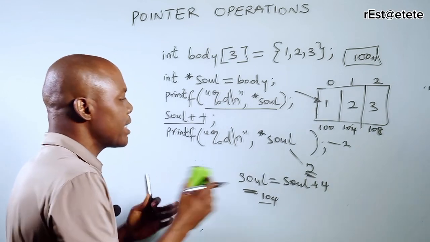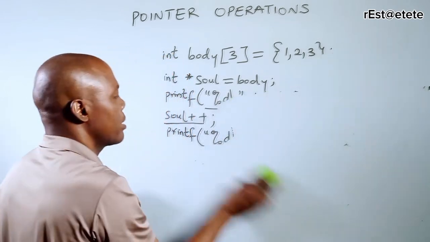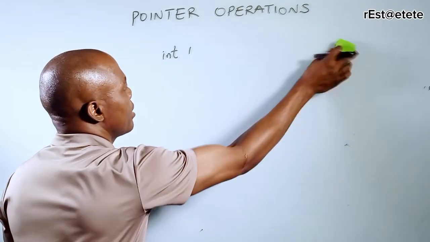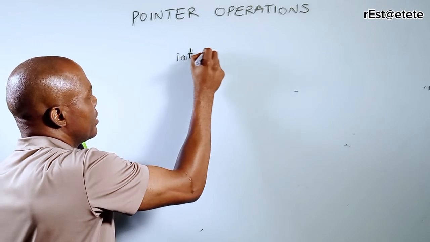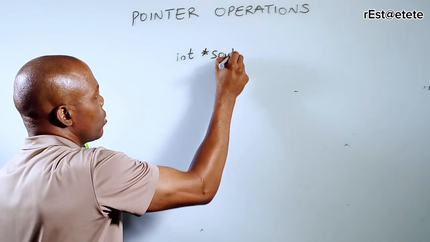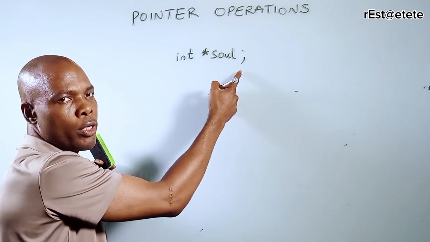Right? Now, the last thing I want to show you is the size of the pointer. So if I declare a pointer int asterisk sol like this, now this is not pointing to anything.